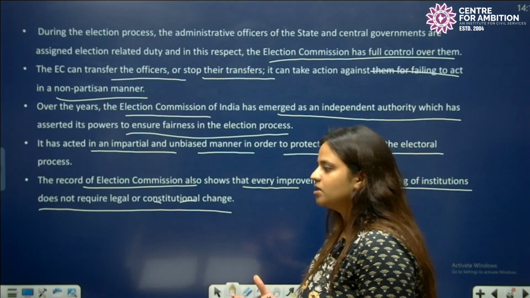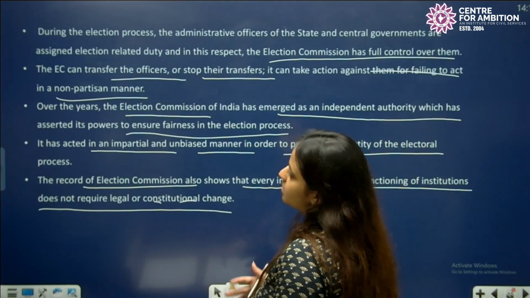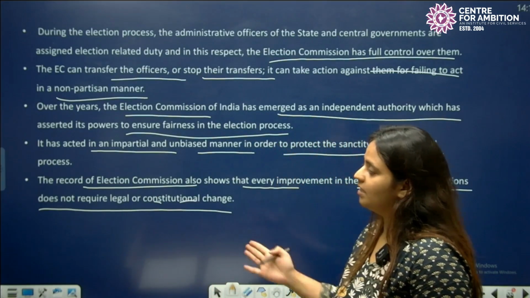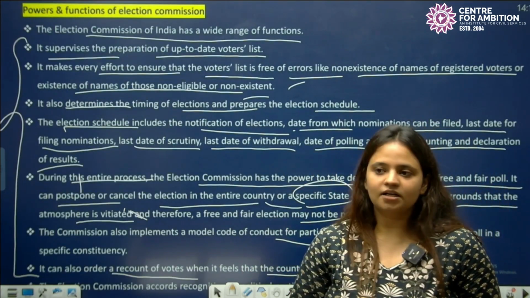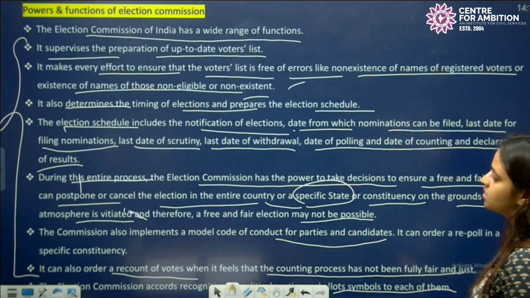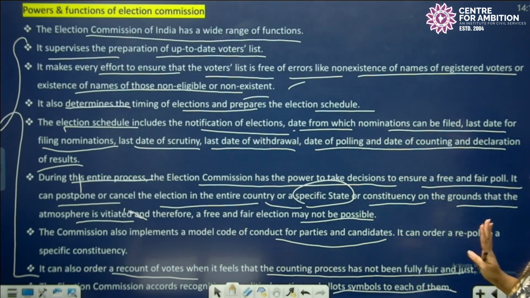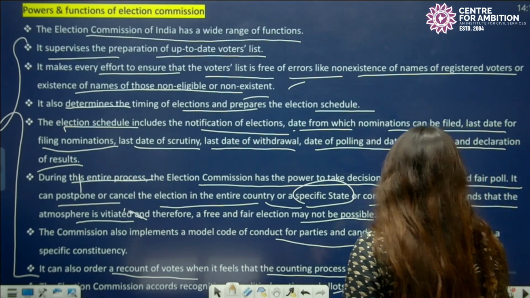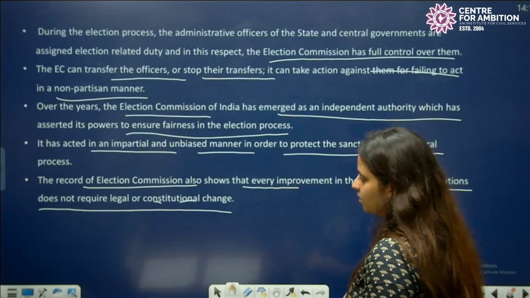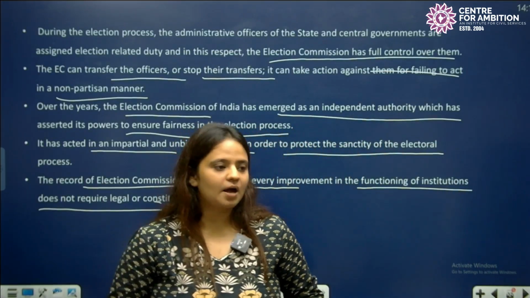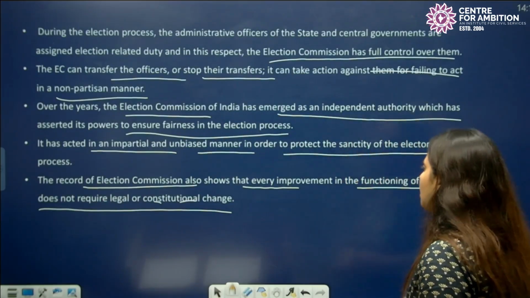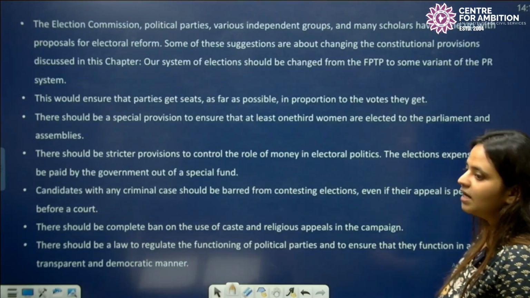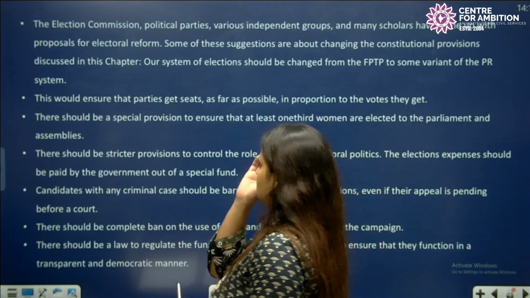It makes laws, and as I said, it implements its functions that are seen here. If it implements the procedure for election in a free and fair manner, then we do not need a legal or constitutional change in the constitution. The Election Commission alone can make sure that everything is just in nature.